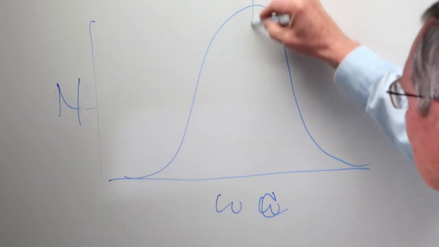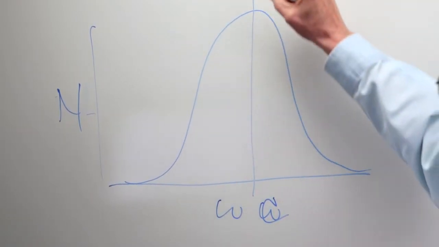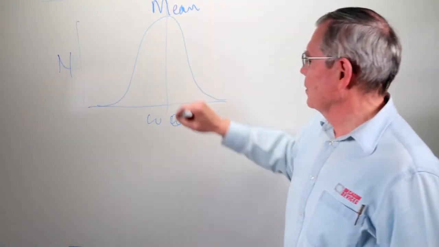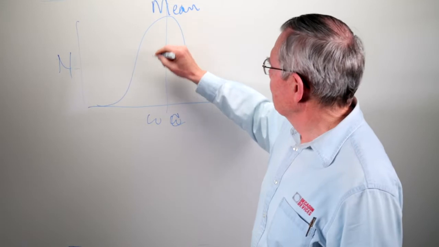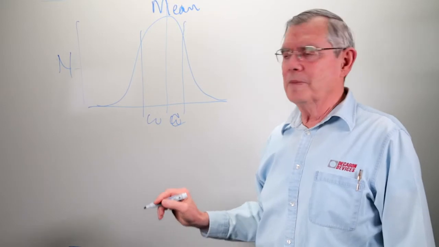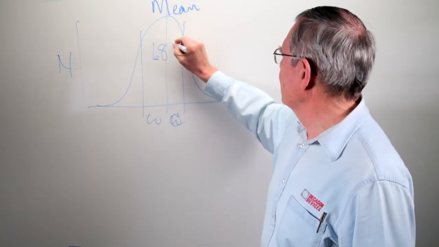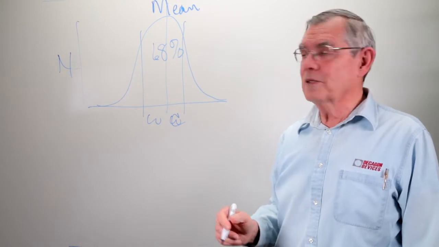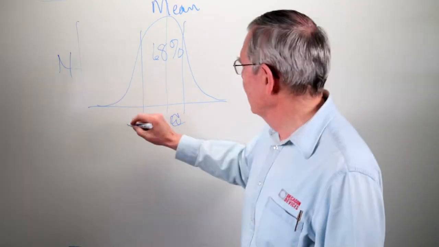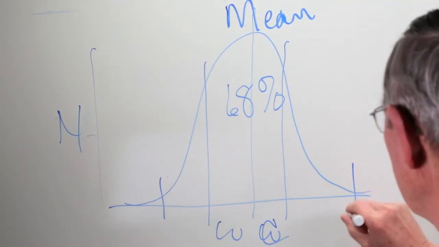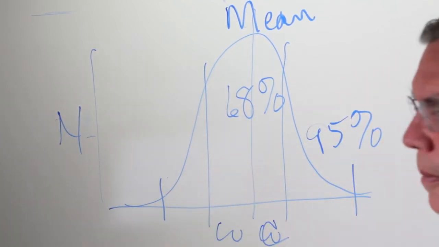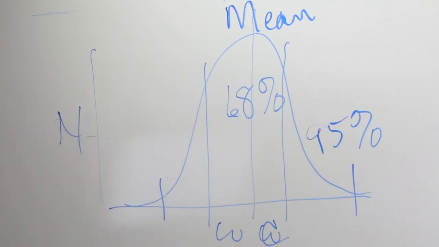We would get the most samples around some central value, and that central value is the mean. The standard deviation is a measure of the dispersion around the mean. 68% of the values that we take would be within plus or minus one standard deviation of that mean value. 95% would be within plus or minus two standard deviations of the mean value.